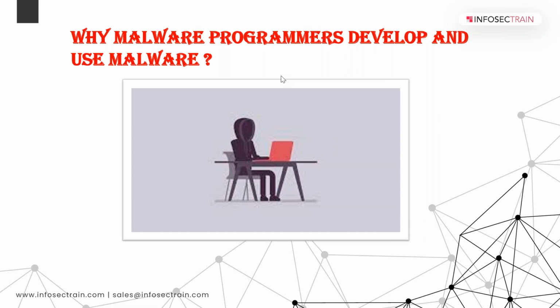And in order to attack additional computer systems directly from a compromised system, they will use these malwares. And in order to cause hardware failure, rendering computers inoperable, the hackers will develop malwares with the intention of all these things, right?